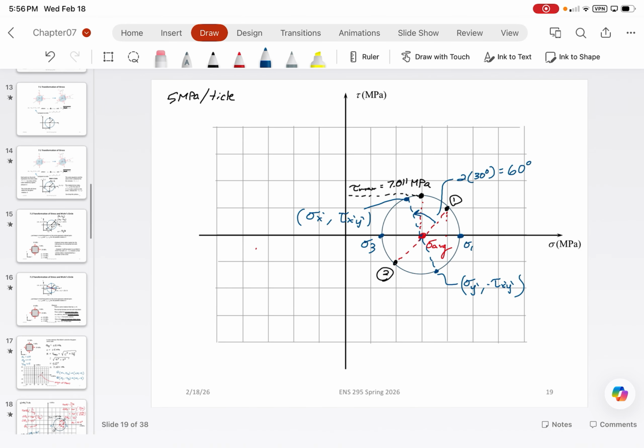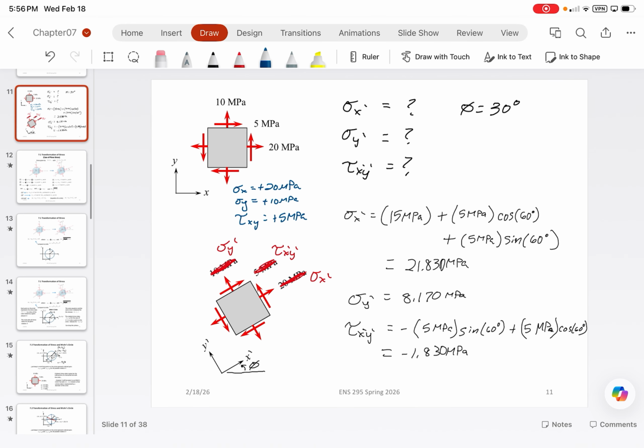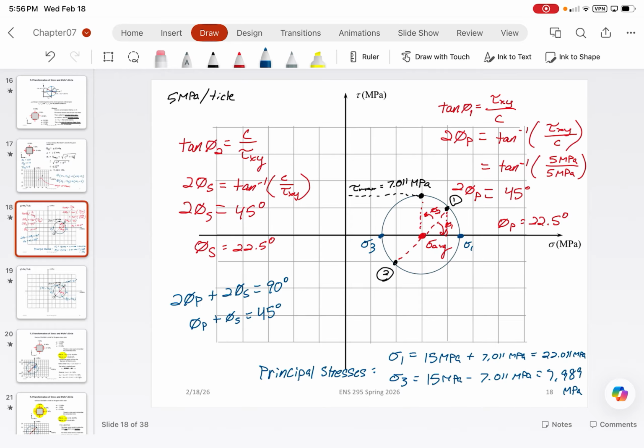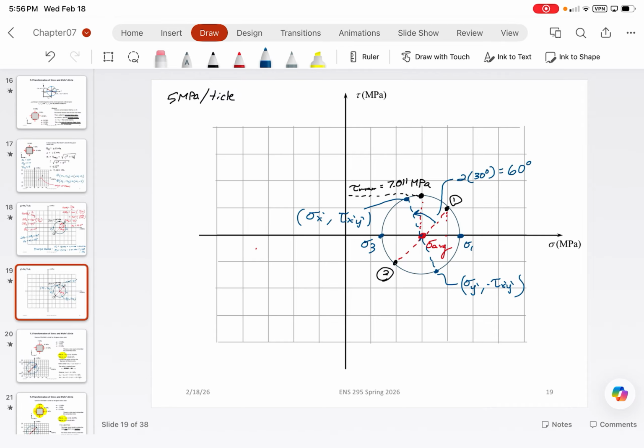Now, just for a little bit of comparison, to confirm, we said that tau xy prime was negative 1.83, so one of these two terms should give us negative 1.83. I think I just drew the circle wrong. If you were to draw it out in AutoCAD, it would make a lot more sense. Ultimately, this coordinate should probably look closer to this than anything else.